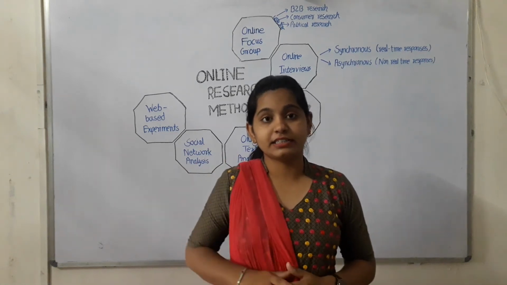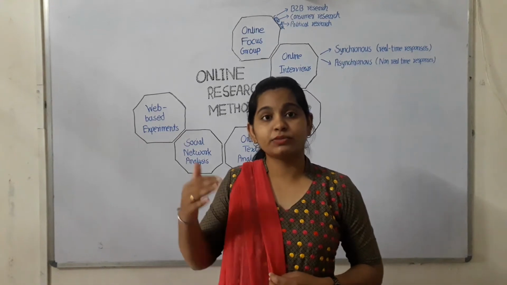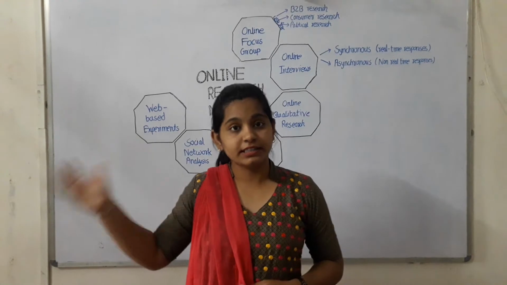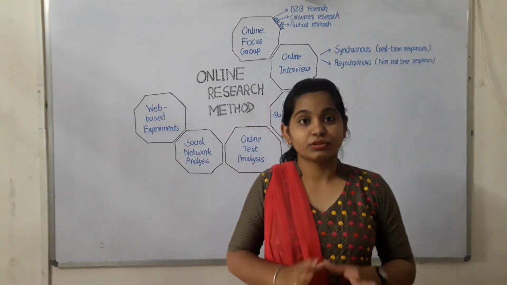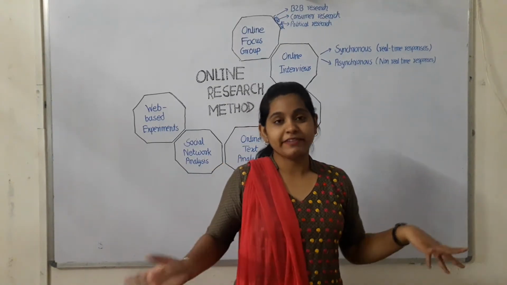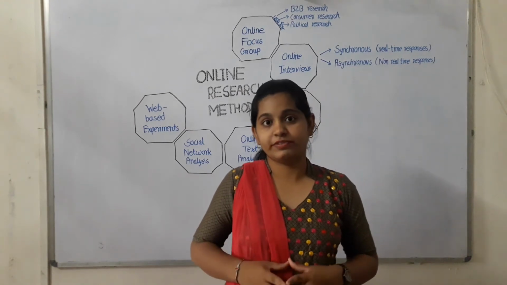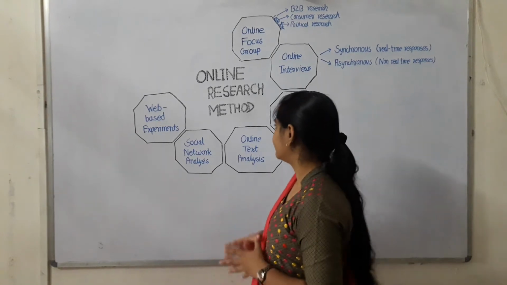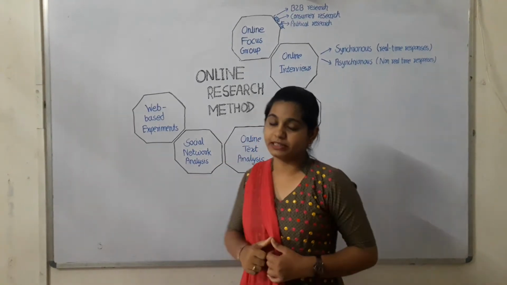Whereas in online research, you are using various methods for finding solutions to various kinds of research, not only digital marketing. I hope now you can bifurcate both concepts, and you will no longer be confused by them. So let's start the topic of online research method.